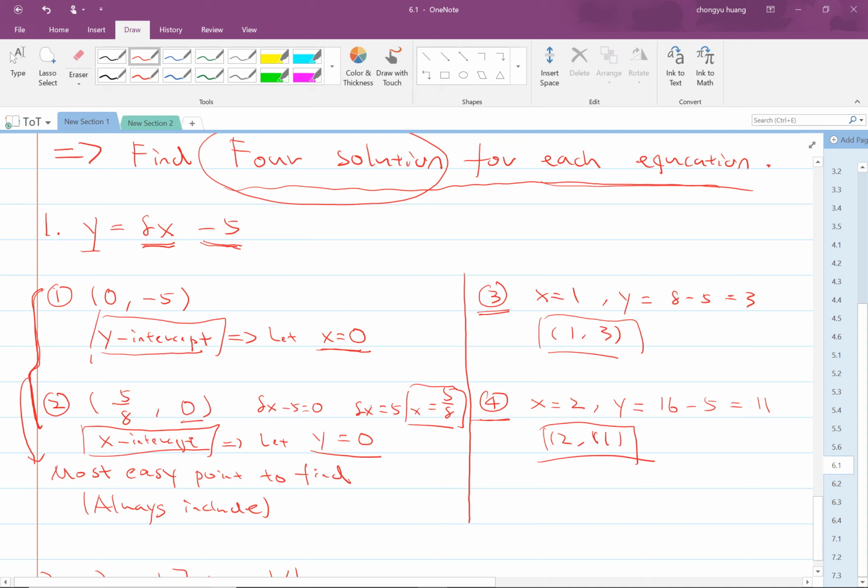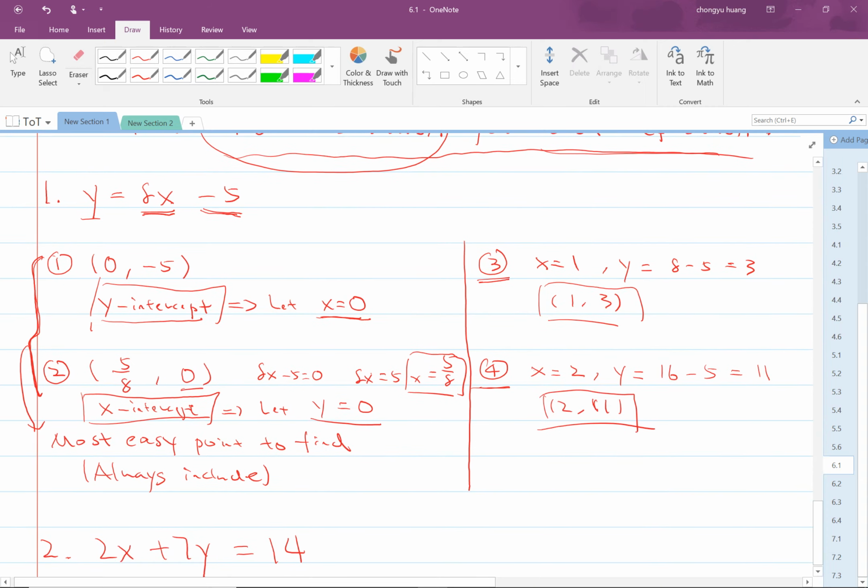So actually, for the choice of the third point and the fourth point, you can plug in any number you want. You can also maybe plug in 4, or -1.